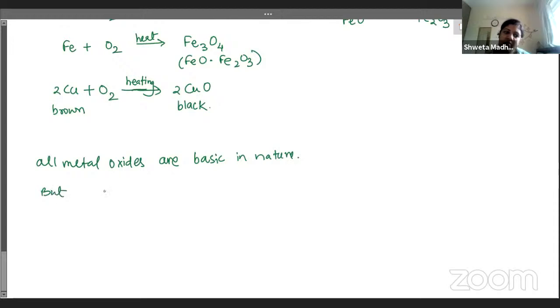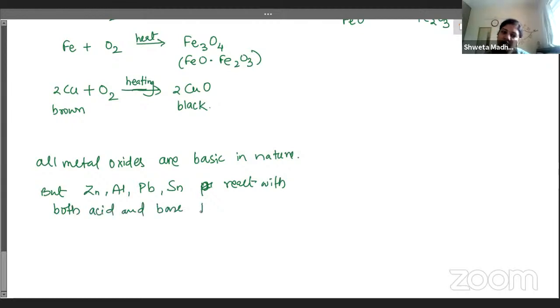But zinc, aluminium, lead, tin react with both acid and base to form salt and water.